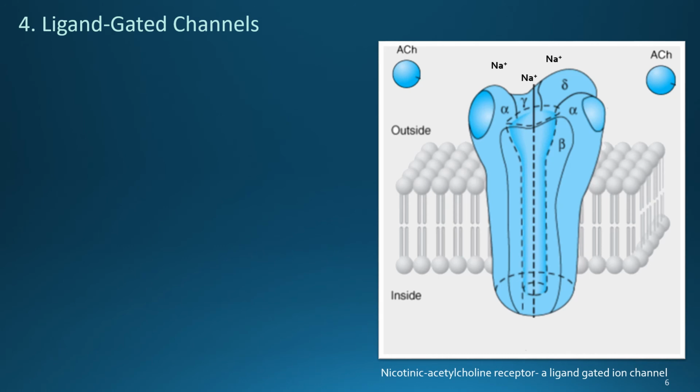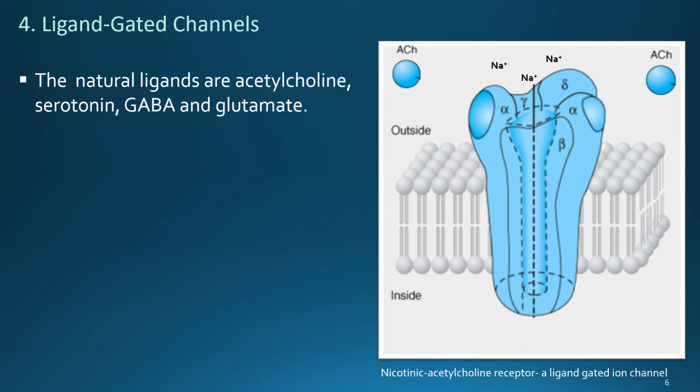Next is ligand-gated ion channels. Many of the most useful drugs in clinical medicine act by mimicking or blocking the action of endogenous ligands that regulate the flow of ions through plasma membrane channels. The natural ligands include acetylcholine, serotonin, GABA, and glutamate. As an example, the nicotinic acetylcholine receptor, a ligand-gated ion channel, is explained.